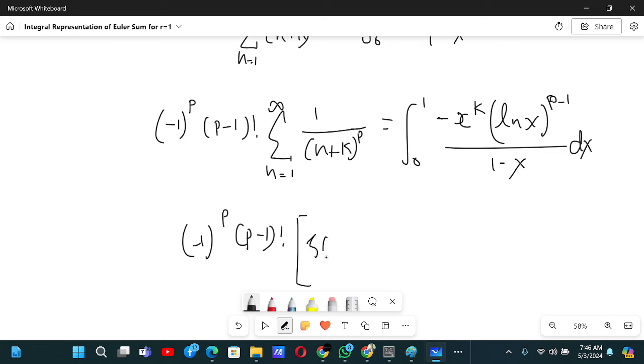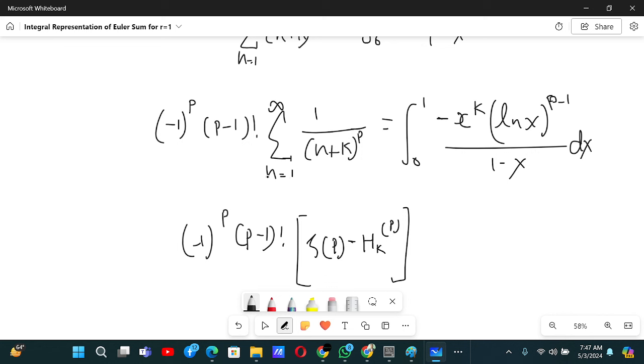So you can say this is the Riemann zeta of p minus H_k^{(p)}. We can write it like this, isn't it? Basically, this sum goes from (k plus 1) to the power p, (k plus 2) to the power p, (k plus 3) to the power p, up to infinity, basically from the Riemann zeta of p.